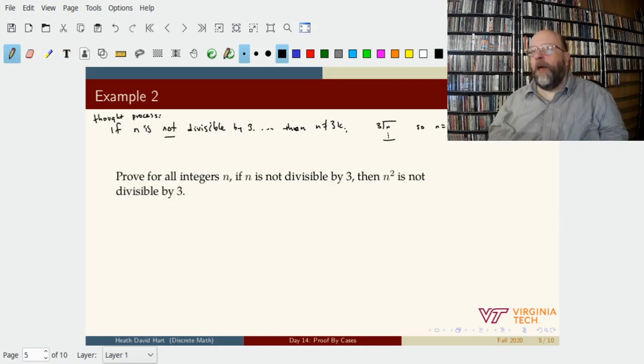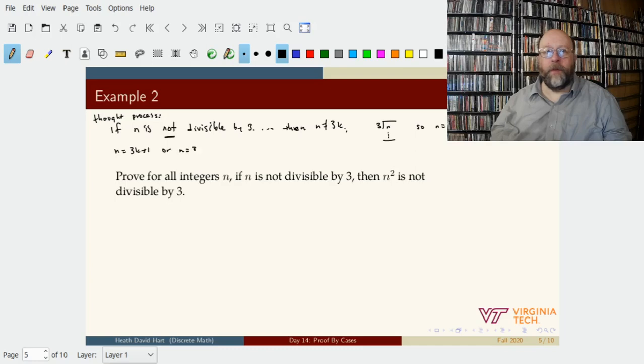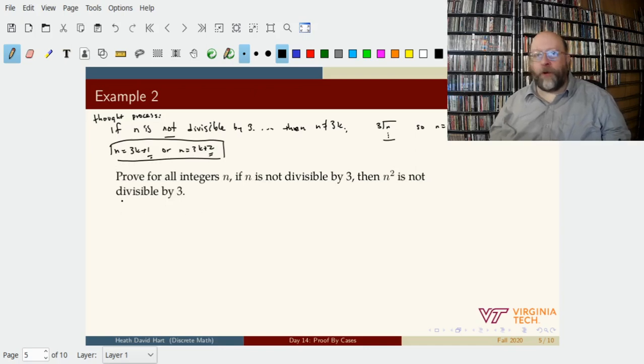It'll be a multiple of 3 with 1 left over, or a multiple of 3 with 2 left over. But we don't know how much is left over, if it's 1 left over or 2 left over. We just know it's not divisible by 3. So we look at these two cases separately.